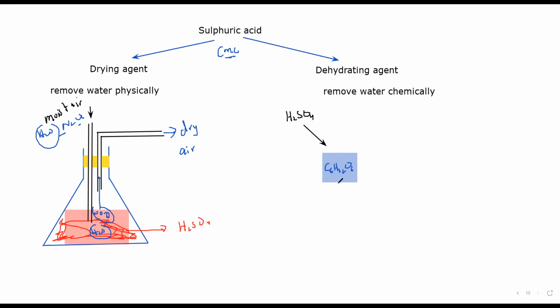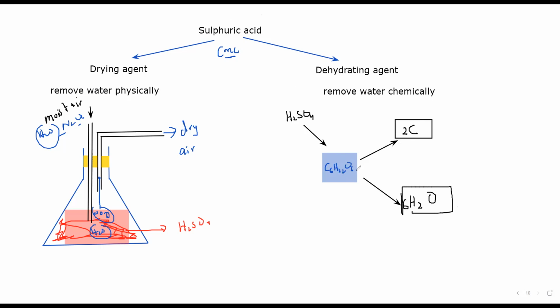So when this concentrated sulfuric acid is added to this glucose, this causes a decomposition of the glucose molecule, and this glucose molecule will decompose into 6 carbon atoms and 6 water molecules.